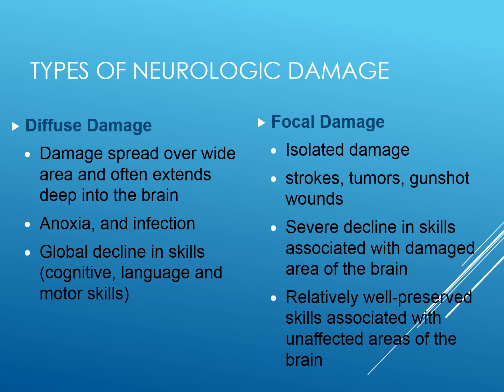Again, with focal lesions, there is isolated damage to the brain. We see focal lesions with strokes, tumors, and gunshot wounds. There is a severe decline in skills associated with the damaged area of the brain and relatively well-preserved skills associated with the unaffected areas of the brain.